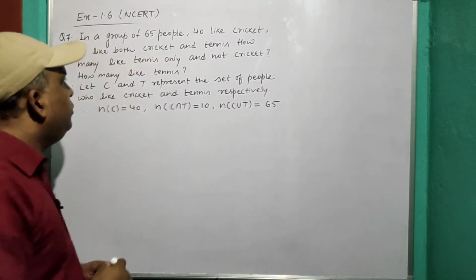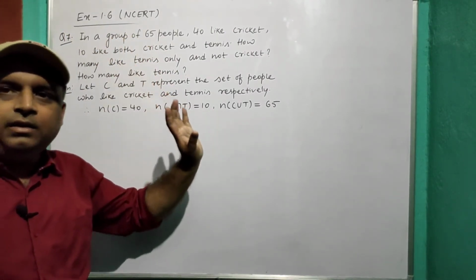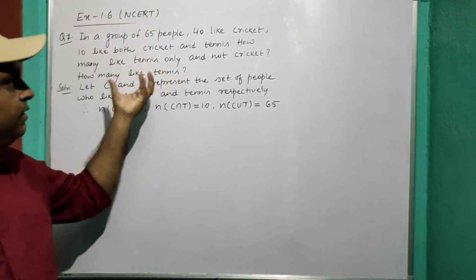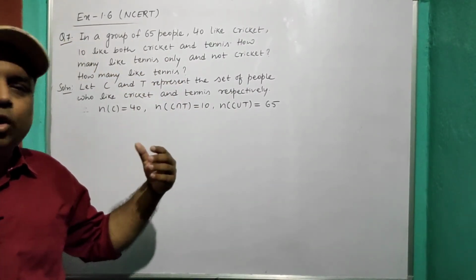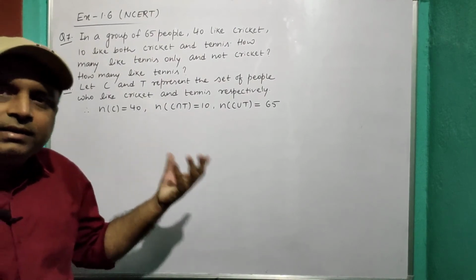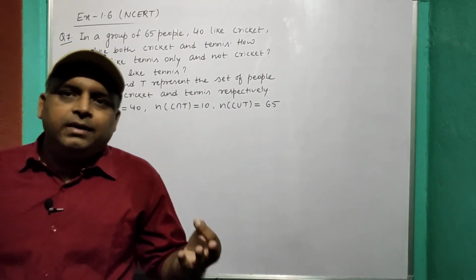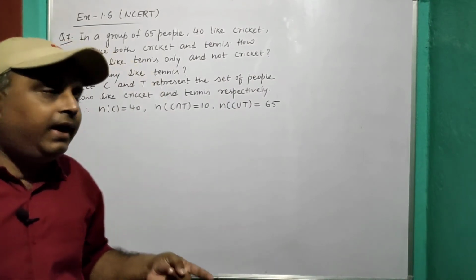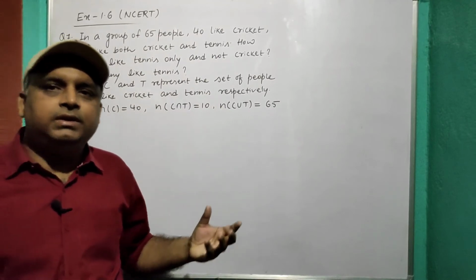Now don't get confused between this union and universal set. Here it is not given that there are some people who are playing neither cricket nor tennis. If there is such a condition that some people are playing neither cricket nor tennis, in that case we will consider it as the number of elements of the universal set.